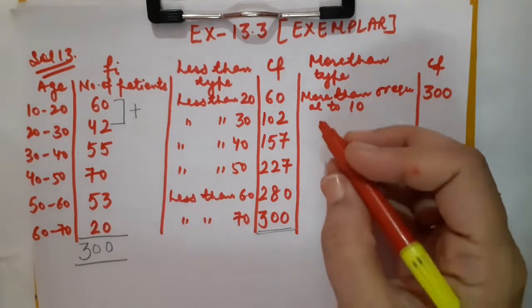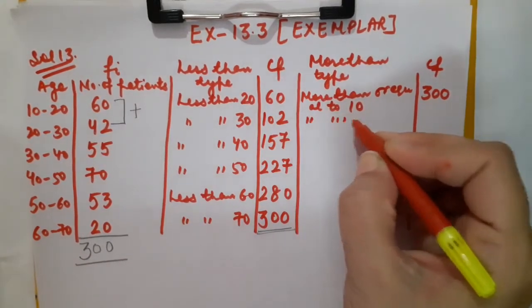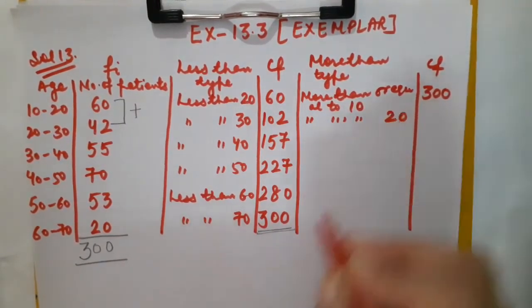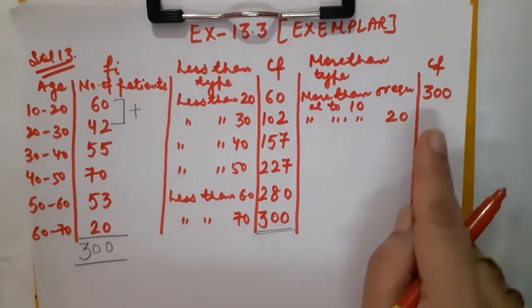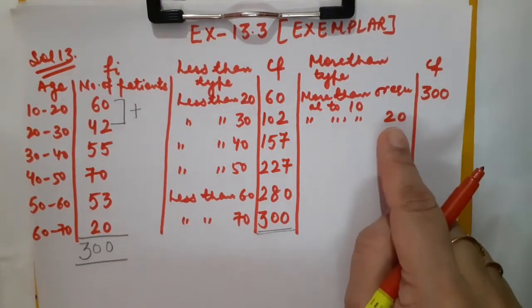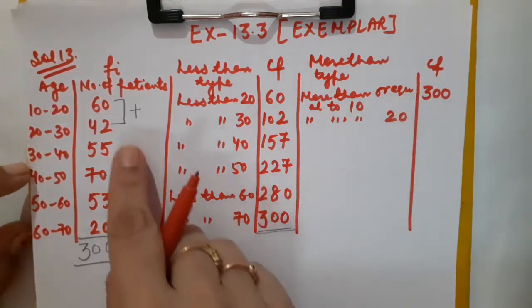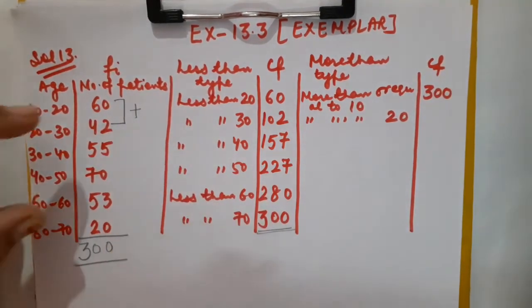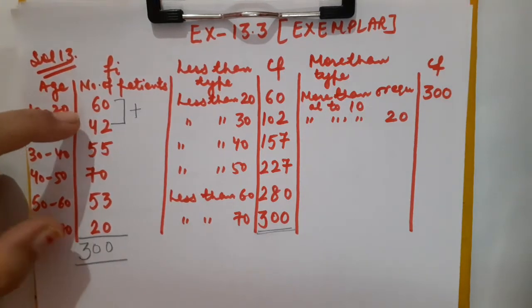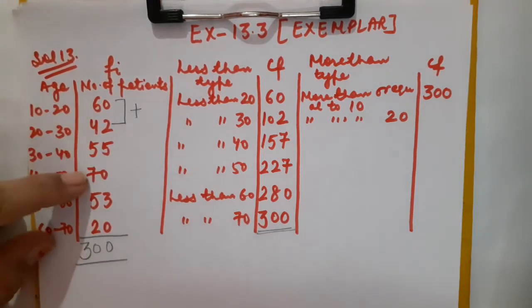Now let us talk about the next. This is more than and equal to 20. Now you have to count the number of patients whose ages are either equal to 20 or more than this. Means what am I going to include? I will be including all these values: 42, 55, 70, 53 and 20.